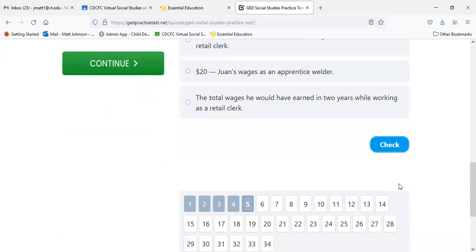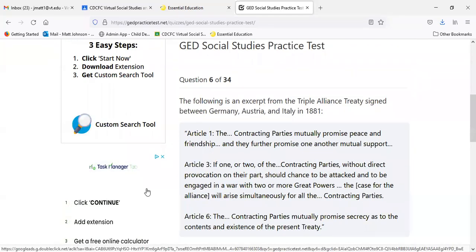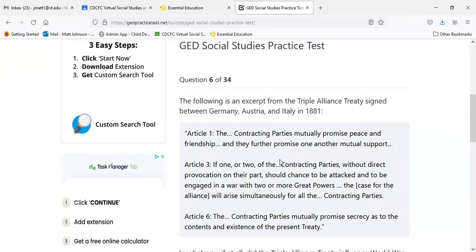Okay, so do we check that? Right. On to 6. The following is an excerpt from the Triple Alliance Treaty signed between Germany, Austria, and Italy. Remember, we talked about the Triple Alliance. These are the folks that were part of World War I that the United States, France, Great Britain, and Russia fought against. Article 1, the contracting parties mutually promise peace and friendship, and they further promise one another mutual support.